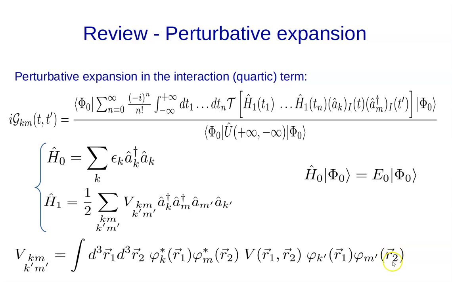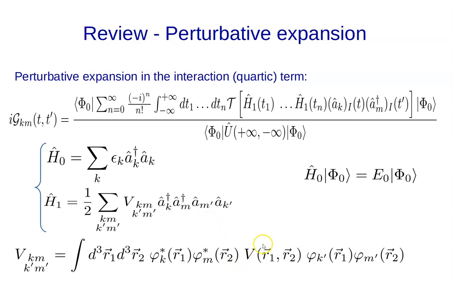Notice that this can be written in terms of field operators themselves. So this K and M would be precisely the position. So here, instead of phi K, we would have the field operator dagger at position R1, a field operator dagger at position R2, and so on and so forth.